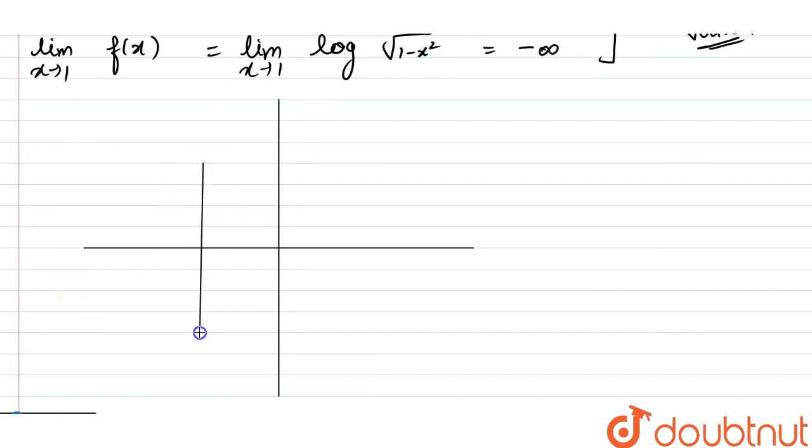So if this is the vertical asymptote at minus 1, and if this is the vertical asymptote at plus 1, then this is the point minus 1 and this is the point plus 1, then the function is first increasing, then it is attaining its maximum value at x is equal to 0, then it starts decreasing for the values from 0 to 1. So this is the graph for the function that we have.